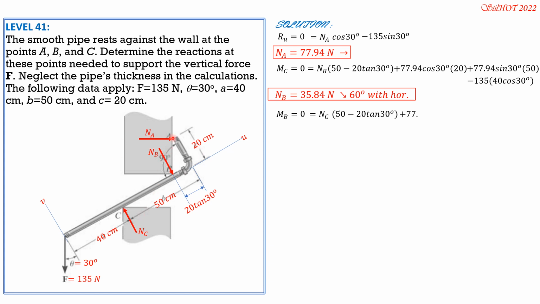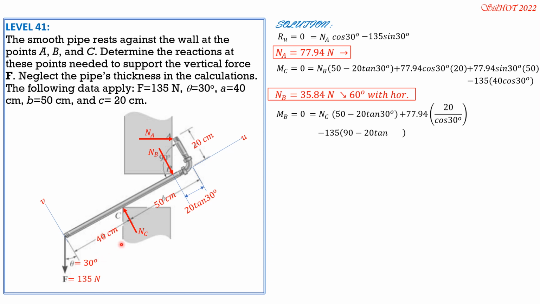So plus NA 77.94 times 20 over cosine 30. Then minus 135. This moment arm, this horizontal distance is 90 minus 20 tangent 30, then times cosine 30.